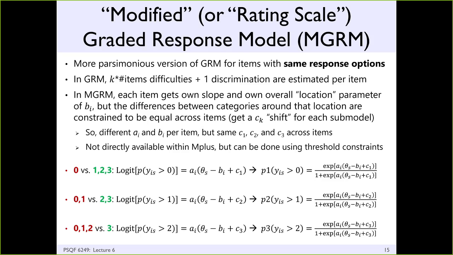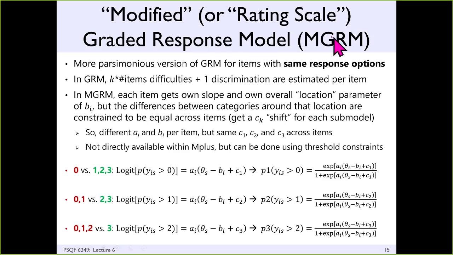The idea of using binary submodels that are cumulative such that all categories get used in each binary submodel. That has a lot of parameters. So each item has as many parameters estimated for it as it has categories. Because if I have, say, 5 categories, that's 4 thresholds and one loading. So 5 parameters for 5 categories. If I had 6 options, that would take 5 thresholds and one loading.